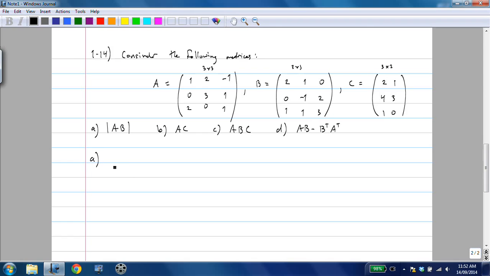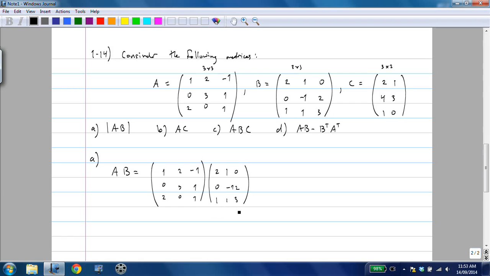So if we do A times B, this equals this matrix here. Let's rewrite it. So we have 1, 0, 2, 2, 3, 0, negative 1, 1, 1, multiplied by 2, 1, 0, 0, negative 1, 2, and 1, 1, 3.